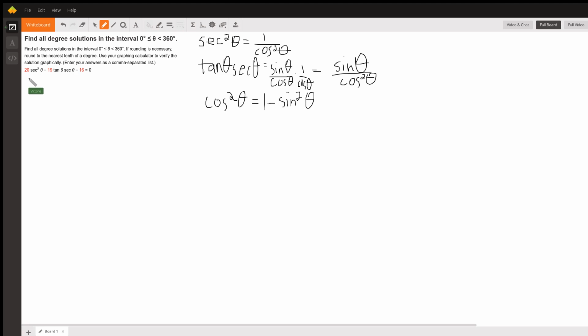So this becomes 20 times 1 over cosine squared theta, this becomes 19 times sine theta over cosine squared theta.